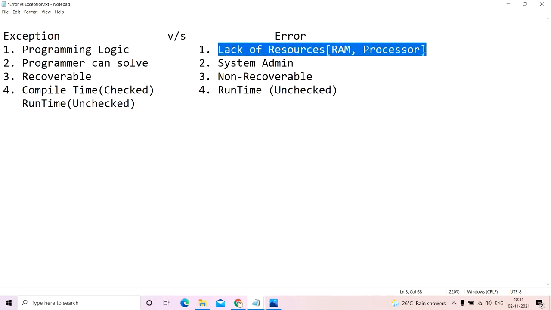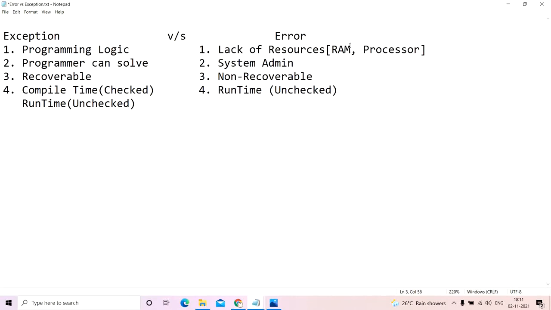For example, system failures or lack of system resources, like your RAM is not adequate and the memory crashed, or your processor is way too slow. It was supposed to deliver the output in a certain amount of time, but it did not. For reasons of hardware and other system resources, errors come up.